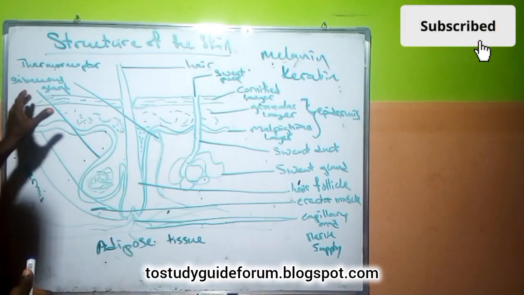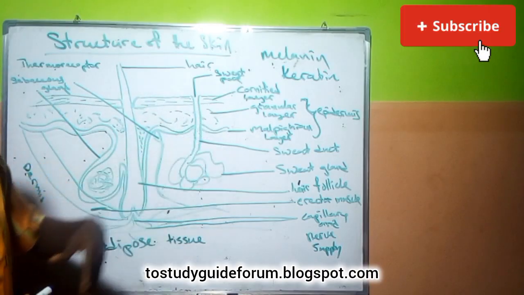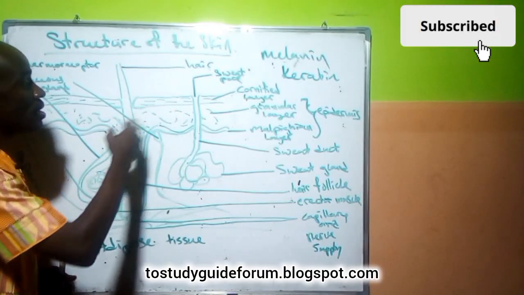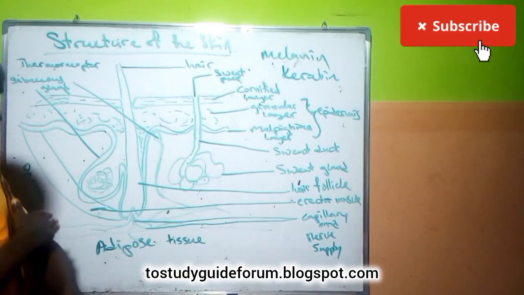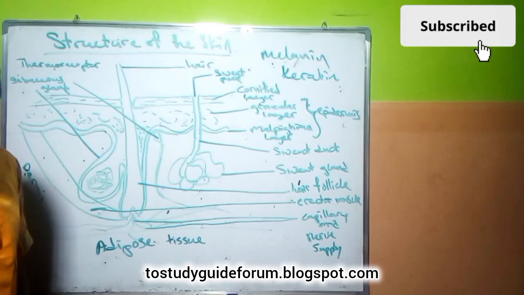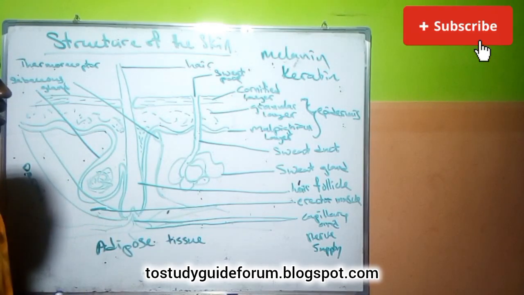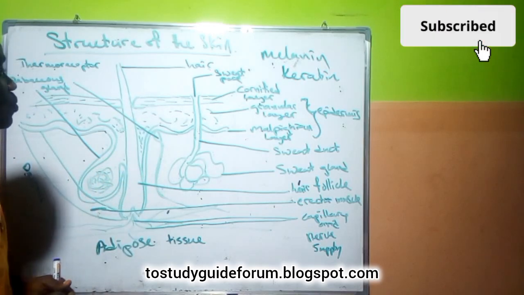This layer is made up of mainly dead cells filled with keratin. These cells always rub off as we scratch constantly, and as they go out, they are replaced by the granular layer, so that the place does not become porous.